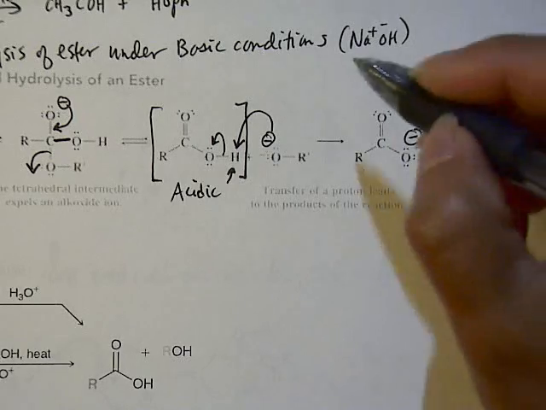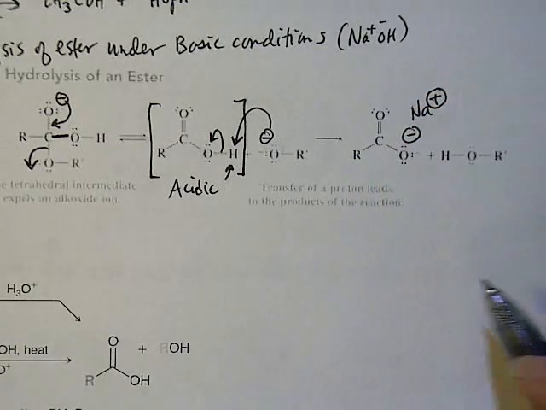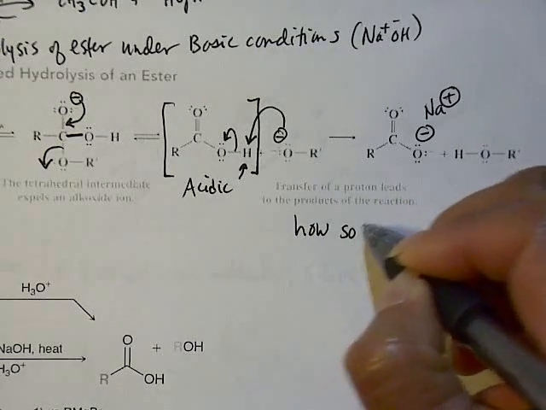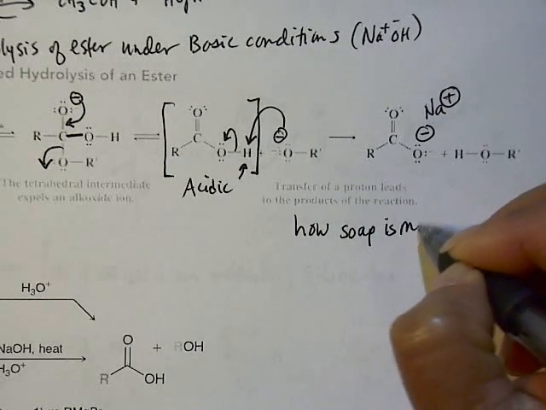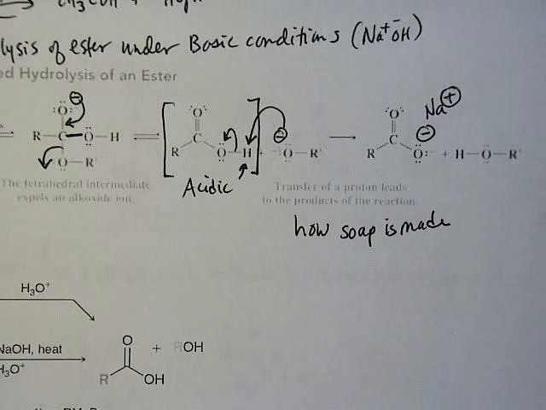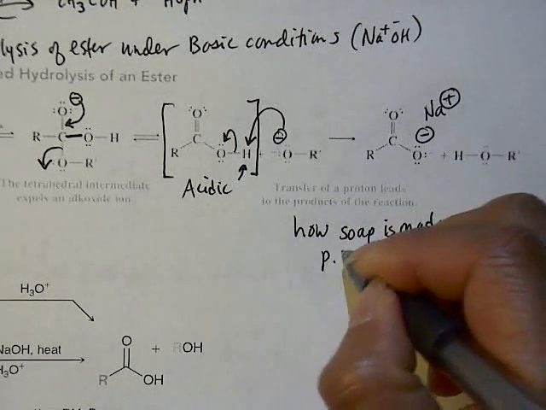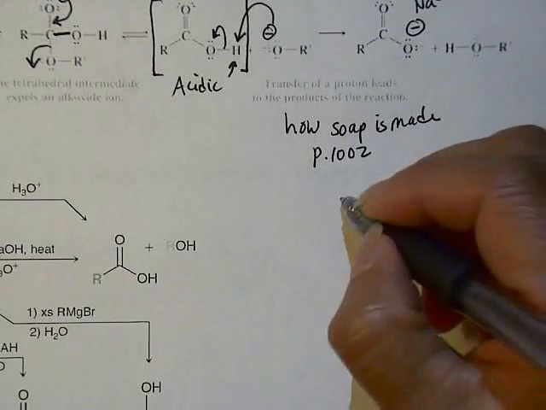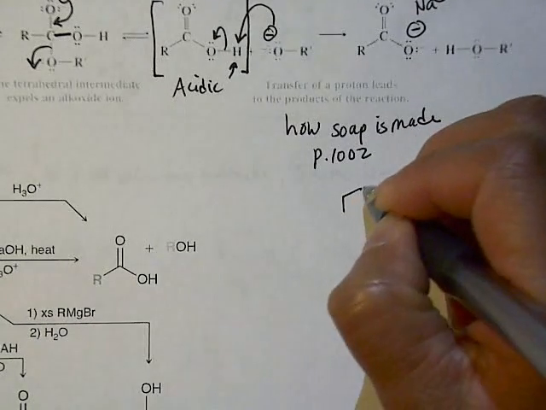All right, and this chemistry, the saponification reaction, is the basis of how soap is made. And your book has a very good description of it on page 1002. You should take a look at it. But basically, what you're doing is you're taking the triester. So a fat is taken.